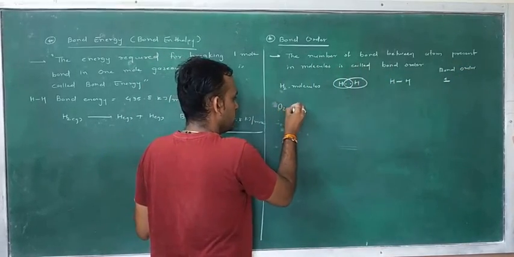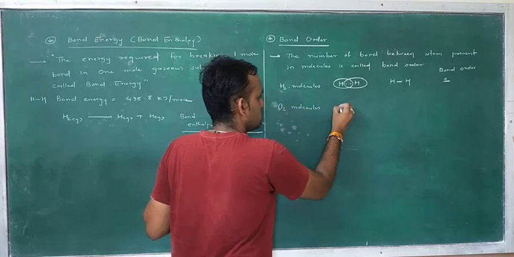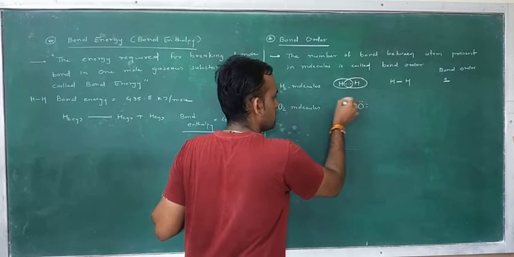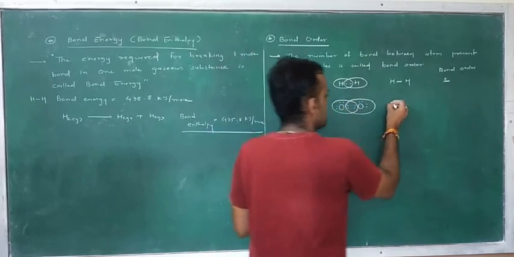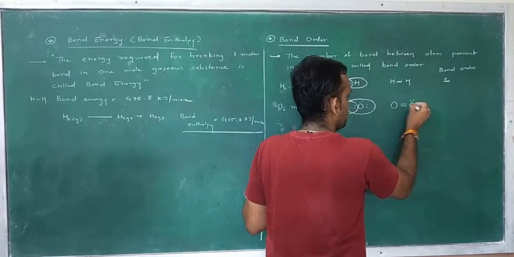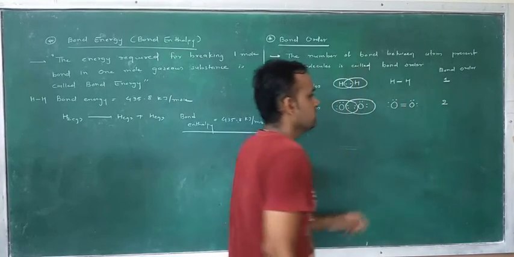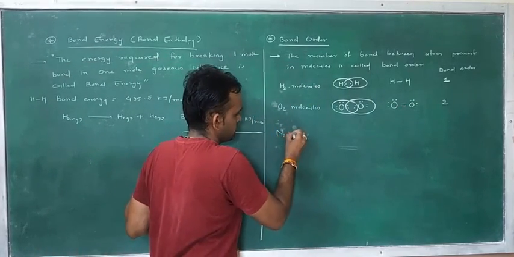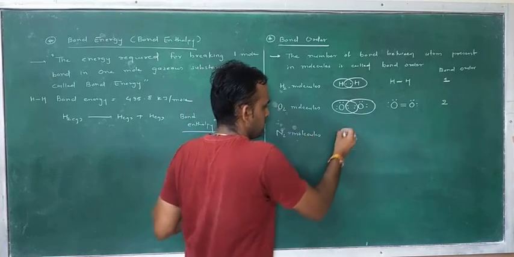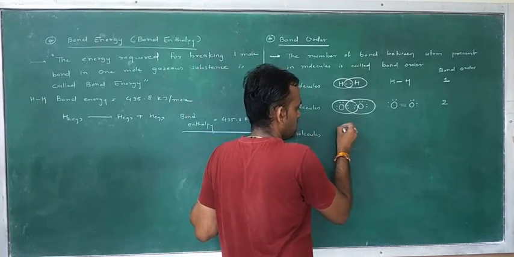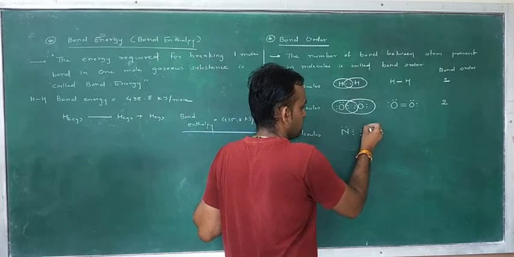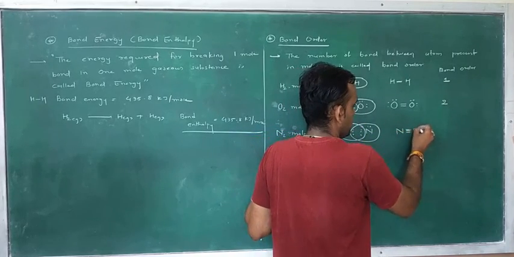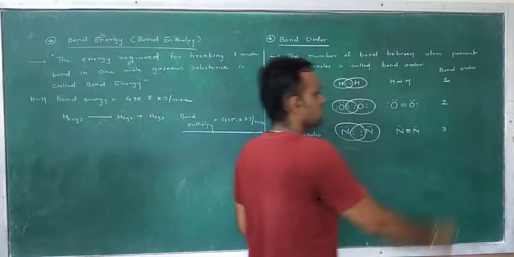If an O2 molecule is there, then two electrons are shared, a double bond, because two bonds are formed between the two atoms. Nitrogen has a triple bond with nitrogen. Is it clear? So 3.